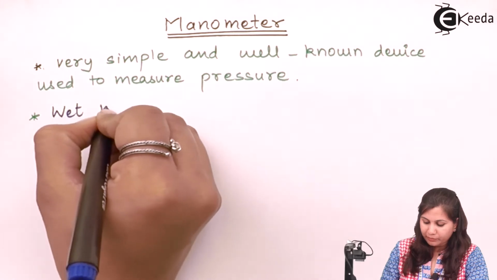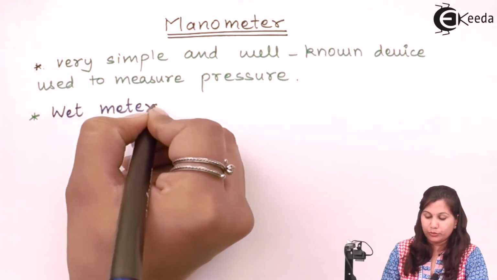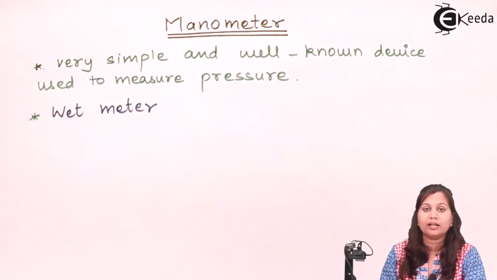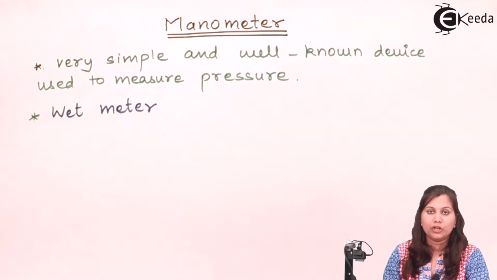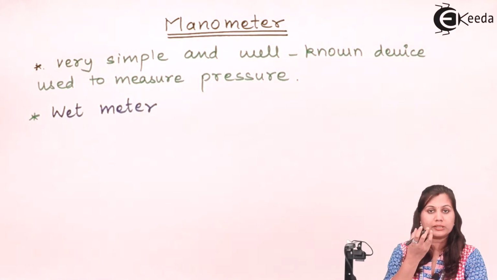It is called wet meter because the fluid whose pressure we want to measure is brought in contact with another fluid. So we can say that the fluid whose pressure we want to measure is wet with another fluid, and this fluid is generally mercury.